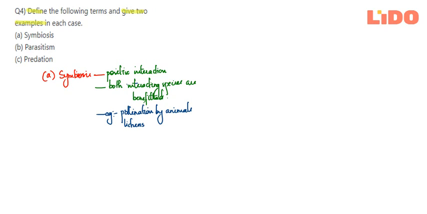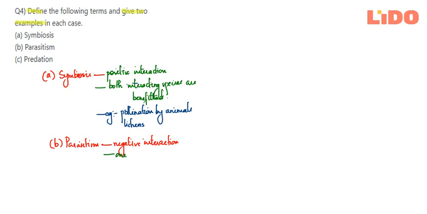Now moving on to the second part, that is parasitism. Alright, so parasitism is a negative interaction. And why is it a negative interaction? It is called a negative interaction because one partner receives an advantage, whereas the other is at loss.